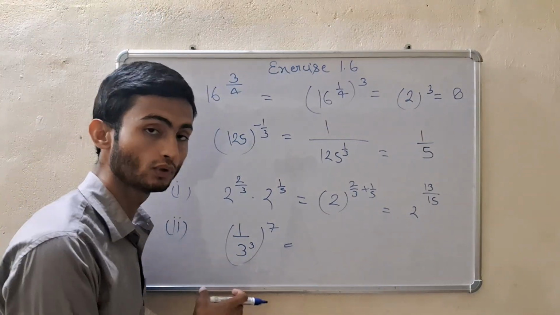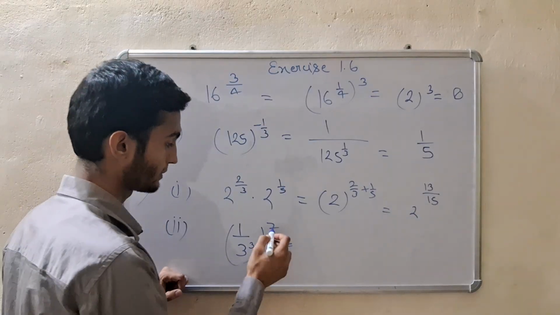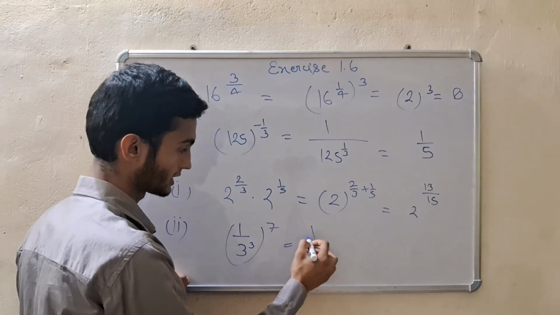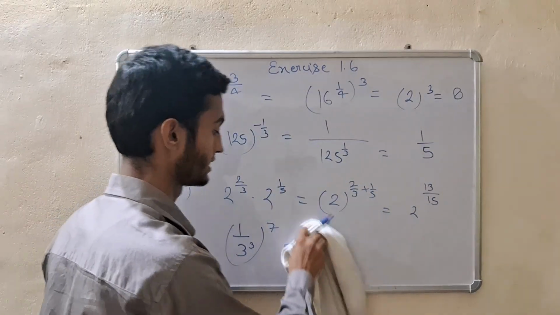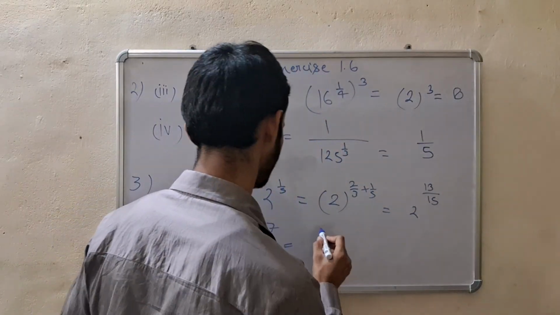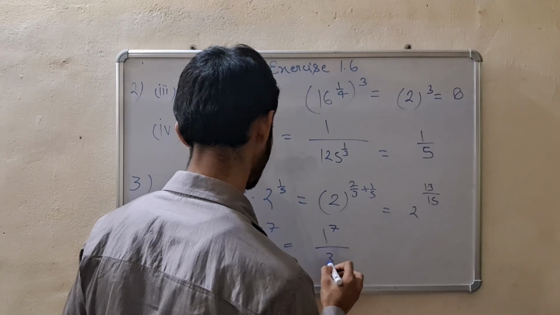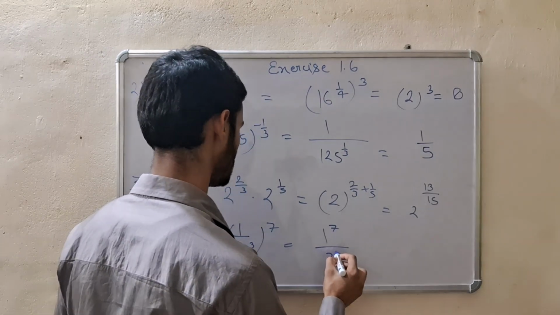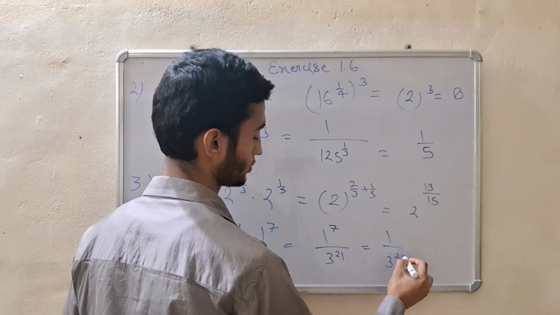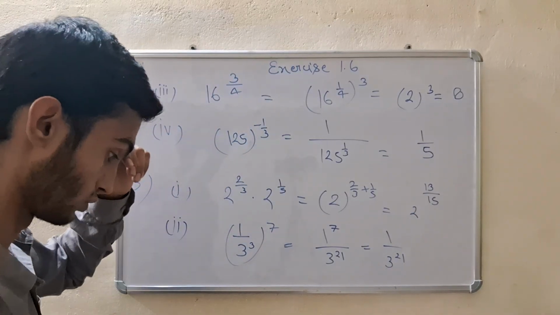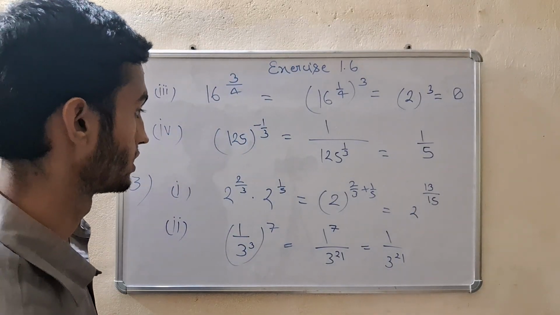We know that this is repeated multiplication. So what happens is that this power gets distributed to both the numerator and the denominator. So it will become 1 to the power 7 upon 3 to the power 7 times 3, which is 21. So 1 to the power 7 is going to be 1, over 3 to the power 21. This is how it is going to look.